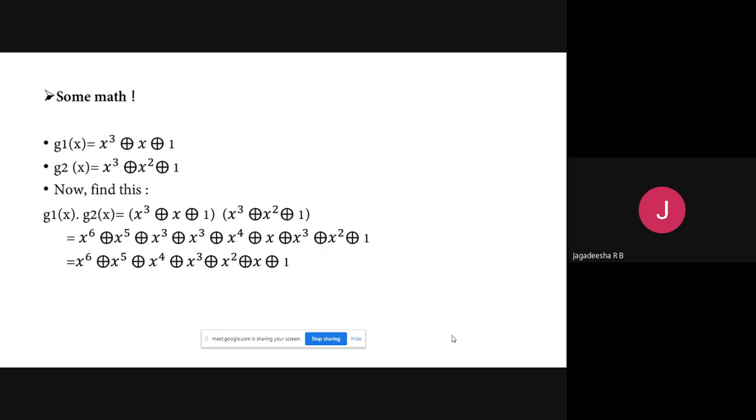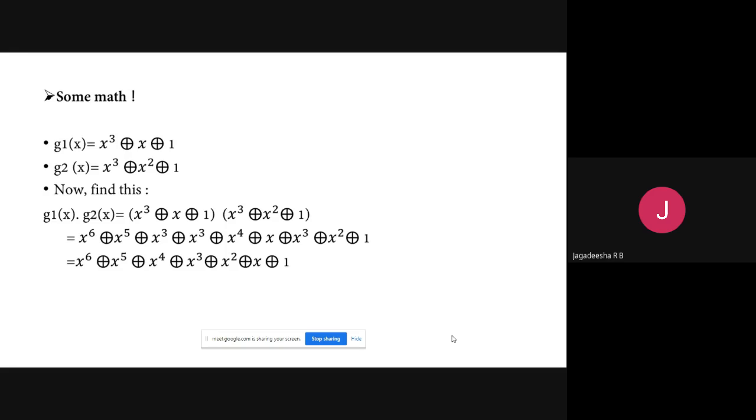Okay, so when you sum up all those things, you should be getting the result as indicated there in the last line, x power 6, x power 5, plus x power 4, plus x cube. Why there is x cube? Because in the line just above the final line, you have 3 x cubes there. You have to add 3 x cubes.